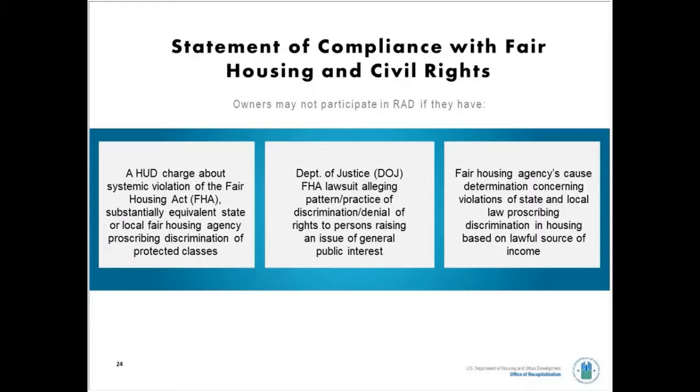It all depends on how complete a conversion plan you submit initially to the RAD resource desk, how responsive you are to the transaction manager's questions, and how quickly you resolve deficiencies in the application and provide the documentation needed to advance to the next step of review. There have been instances where it takes less than a year, but it could definitely take over a year.